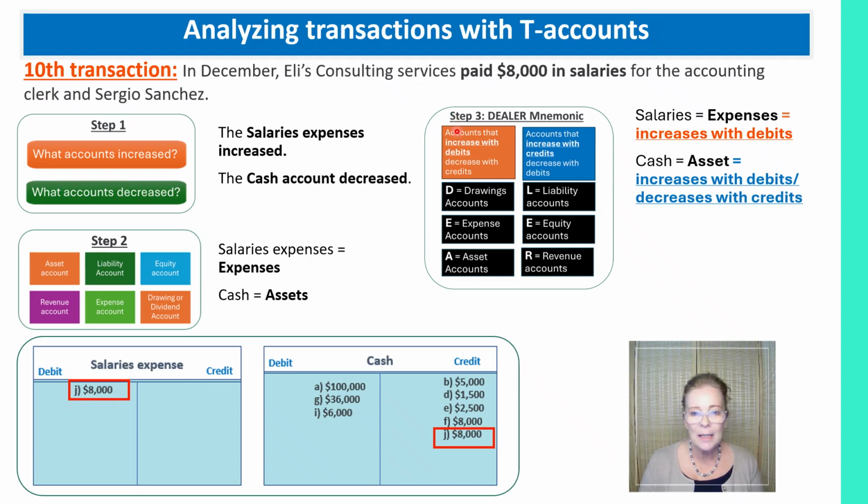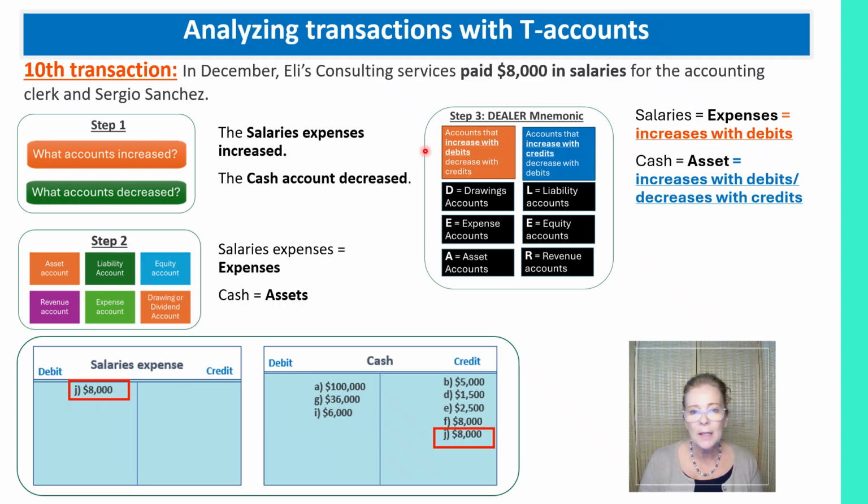So now in step 3, let's use the dealer mnemonic. We'll find expenses, and the graph tells us that expenses are on the left side and that expenses increase with debits. The business expenses increase, so that means we need to debit salaries expenses. What about the second part?